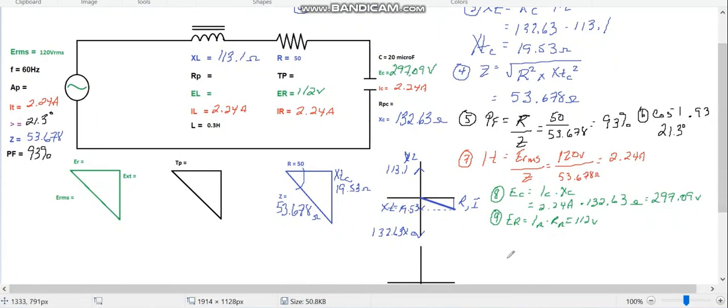And then we'll say step number 10, we'll find the voltage across the inductor. So EL, and that would just be simply IL times my reactance of L. So 2.24 times 113.1. And I do that, I get 253.34 volts.